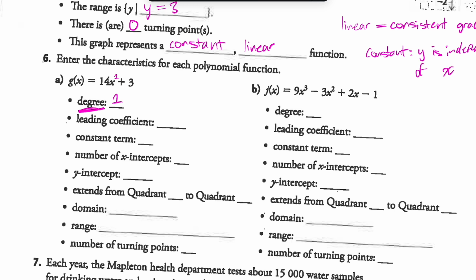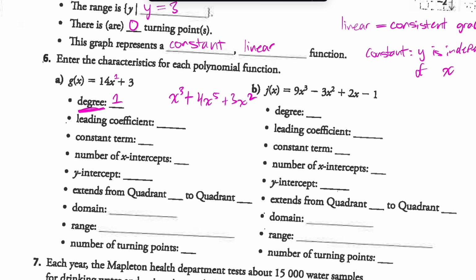The leading coefficient, hand in hand with degree, it's the coefficient of the degree. So if we have, again, x cubed plus 4x to the 5 plus 3x squared, our degree is 5, and the coefficient of that term is 4, right, because it's attached to that x.